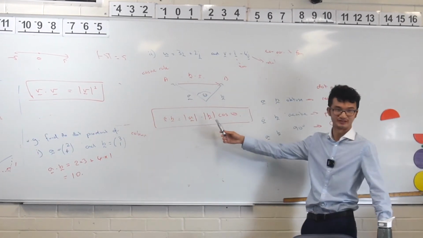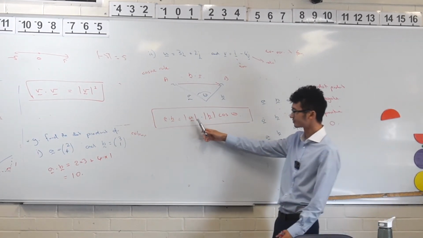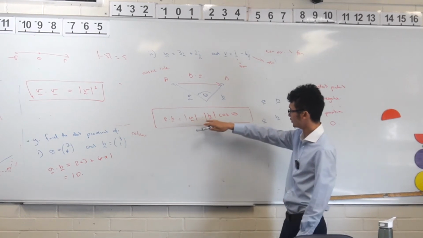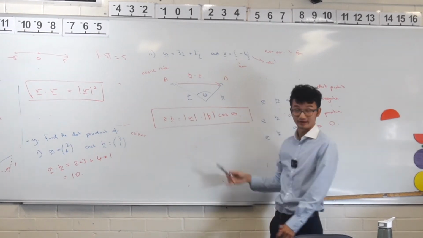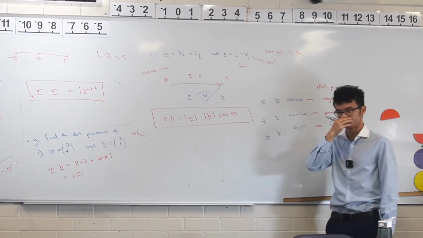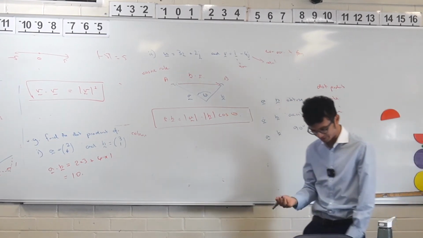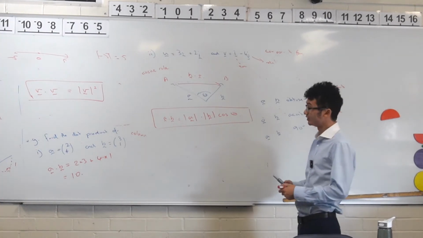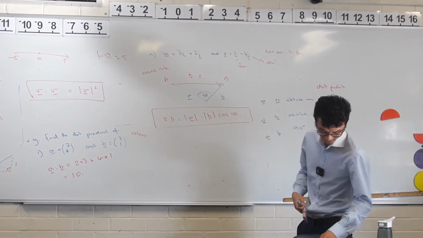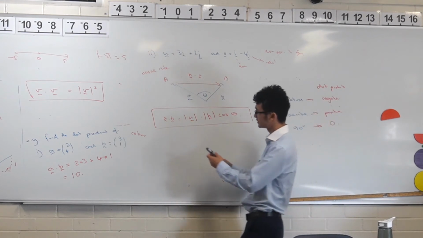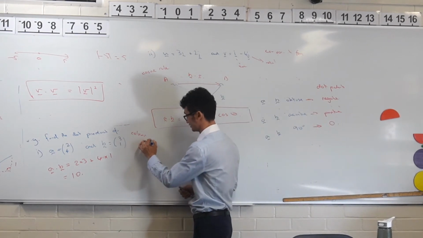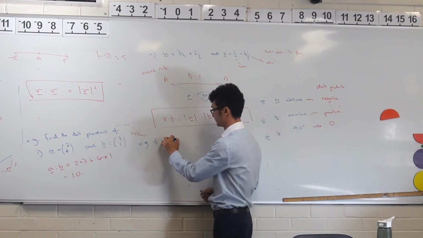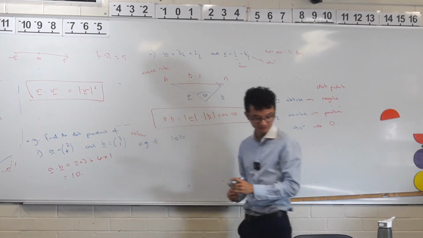So again, different things mean different things in different contexts. So here we've got the two magnitudes multiplied together, and we've got cos of the angle between them. What that means is now we can find and answer questions related to the angles between two vectors, right? For example, let's say we've got this example.